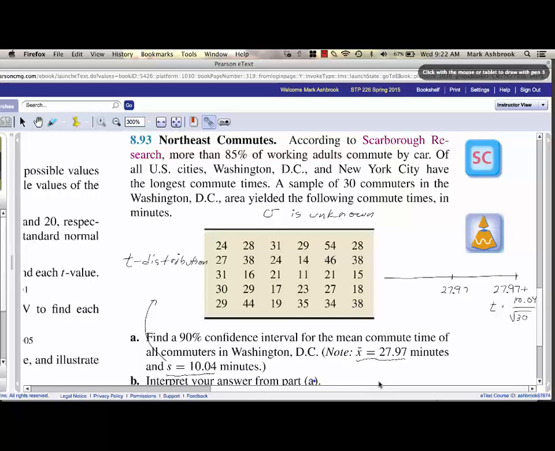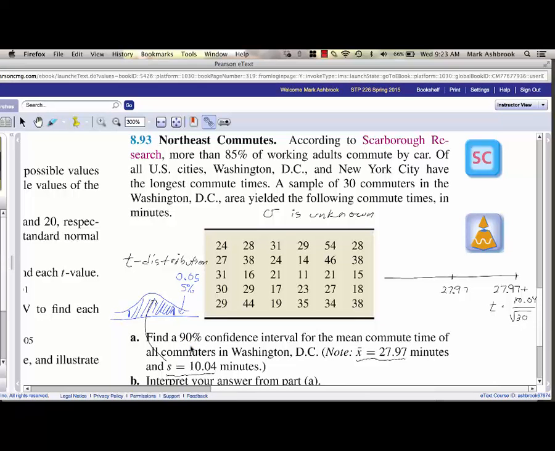I'll do it in blue. For a 90% confidence interval, that means we want to have 90% in here. And so that means the total of these outside two are 10%, or just this right here is our 5%, which is 0.05. So we want t of 0.05 will correspond to the 90% confidence interval.